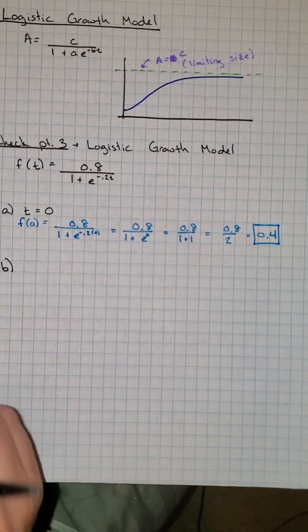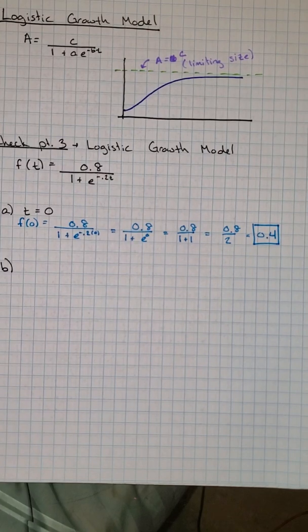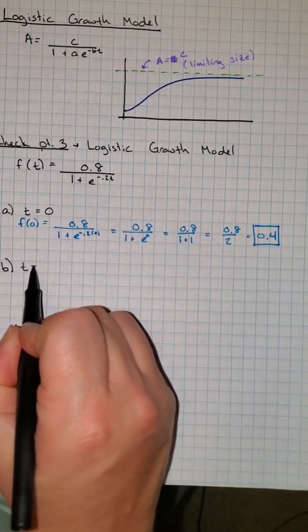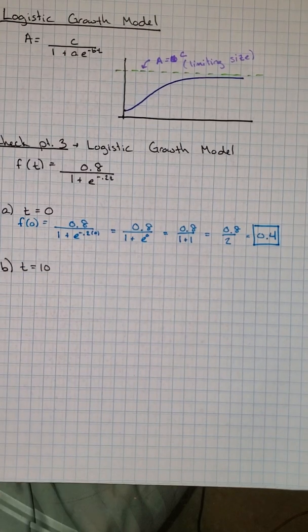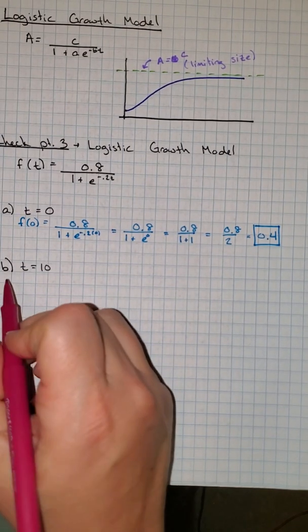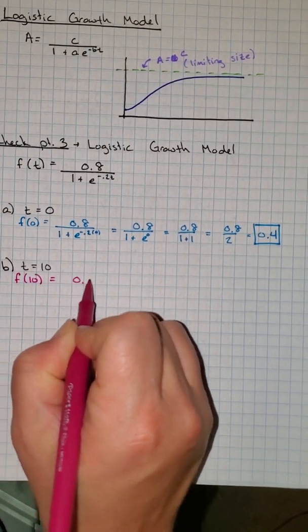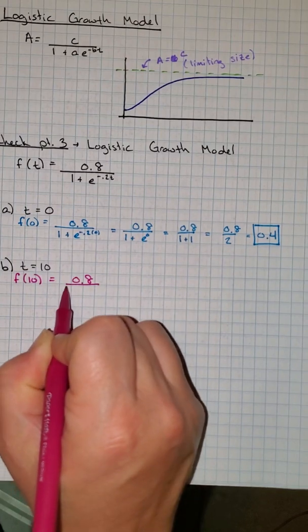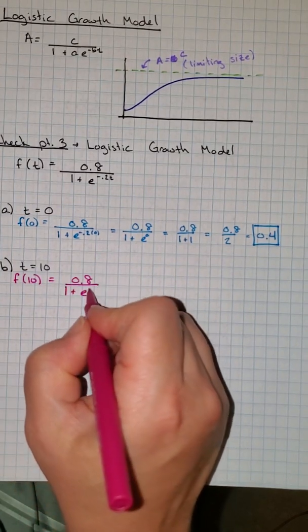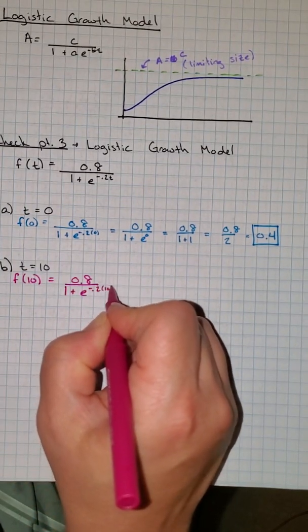For B, find the proportion of correct responses after 10 learning trials. So this is when t is 10. So f of 10 would equal 0.8, and you're just plugging it in for t, over 1 plus e to the negative 0.2 times 10.